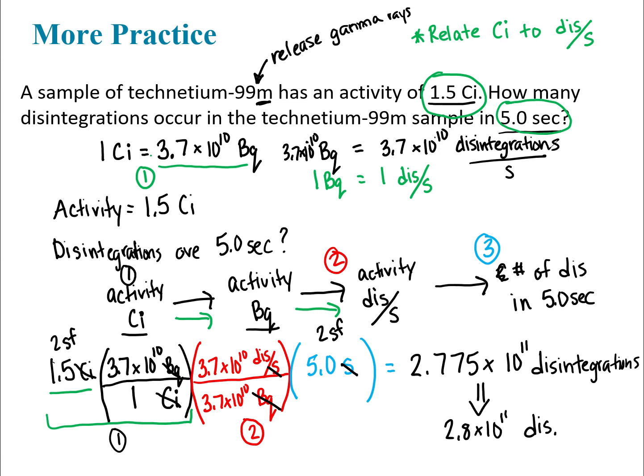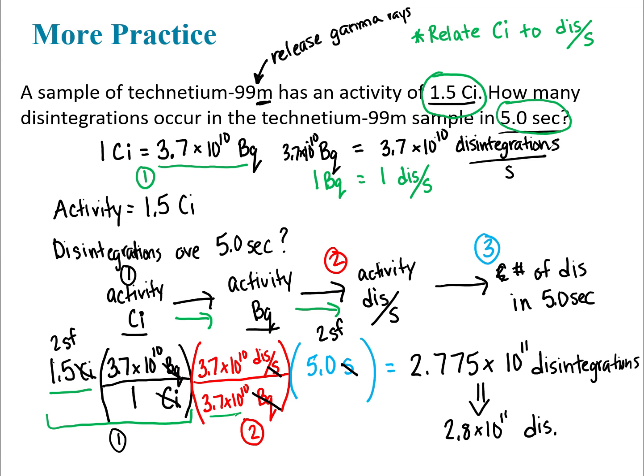But that's still not exactly helpful because we need it in disintegrations per second. The relationship between becquerel and disintegrations per second, it's 1 to 1. So if we have 3.7 times 10 to the 10 disintegrations, it's the same thing as 3.7 times 10 to the 10 becquerel.